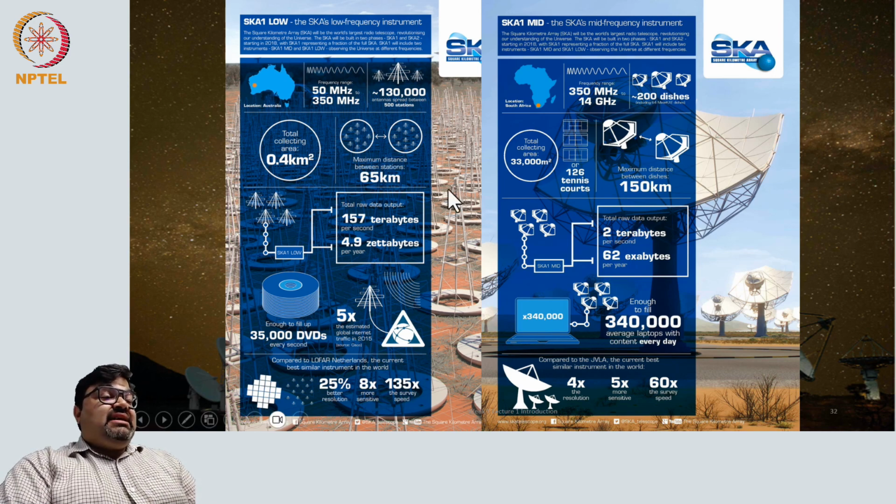The estimated data rate from the low telescope in Western Australia will be around 157 terabytes per second. Per second. Again, 157 terabytes of data per second. And from the mid telescope in South Africa it is about 2 terabytes per second.